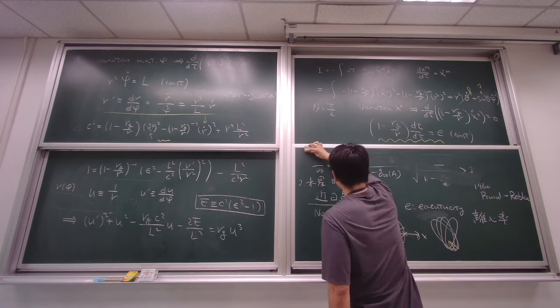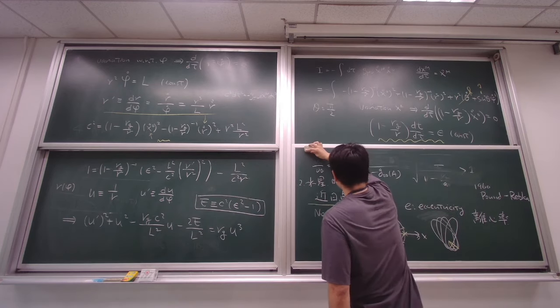If you take the derivative d/dφ, this equation becomes: u double prime plus u minus 1 over a is equal to 3 over 2 rg u squared. Okay, so that's what you get, where a I define as L squared over G_n.